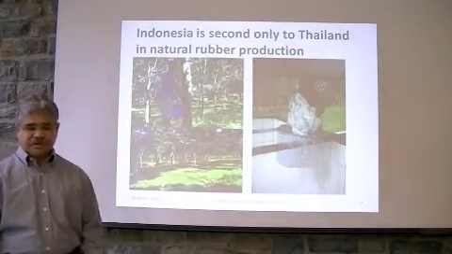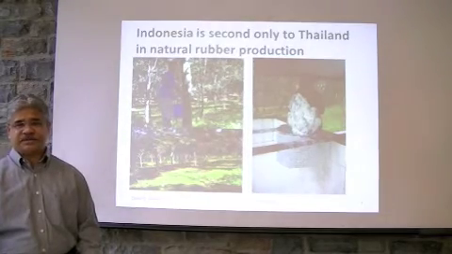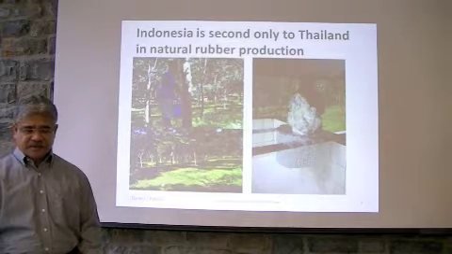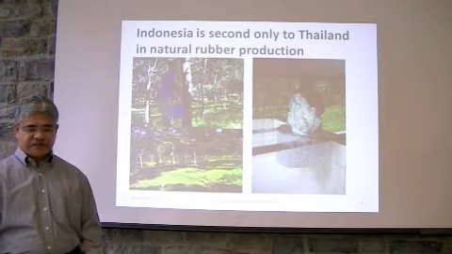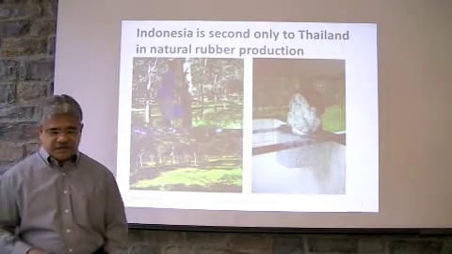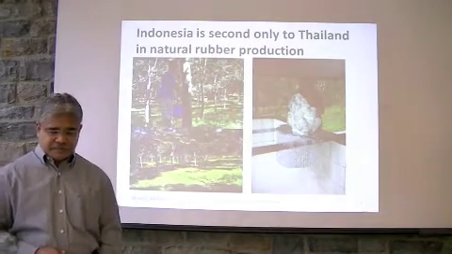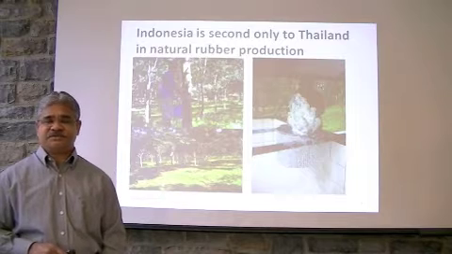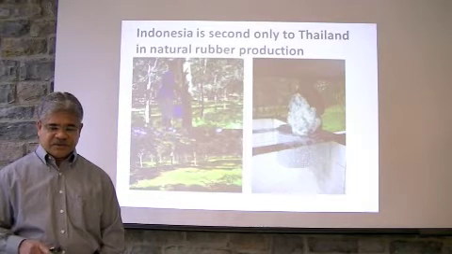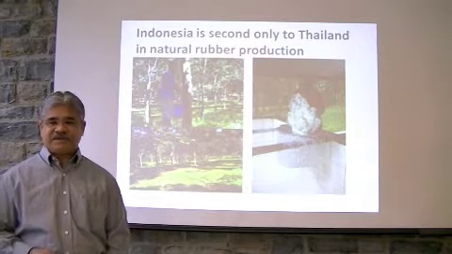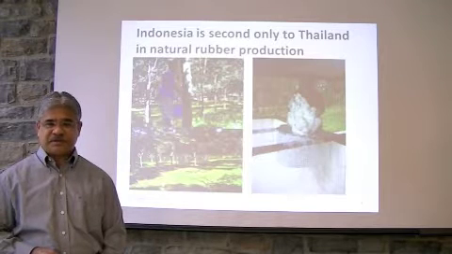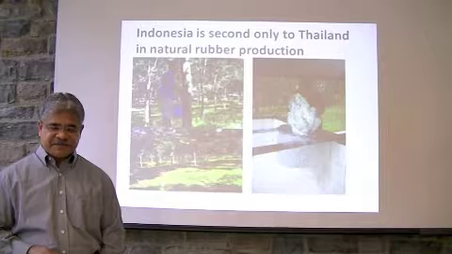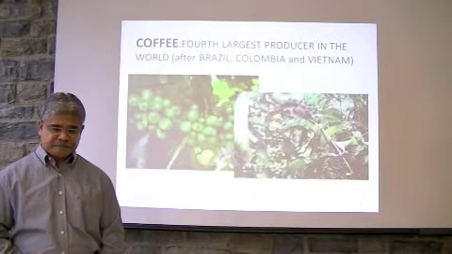Natural rubber production is second only to Thailand. From the plantation area point of view, Indonesia has a bigger plantation area, but because the productivity of our rubber is still very low, it is second to Thailand.